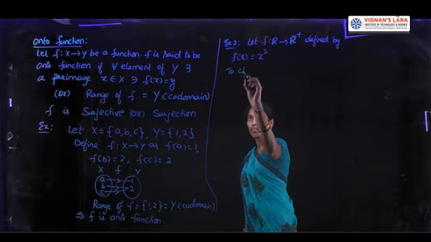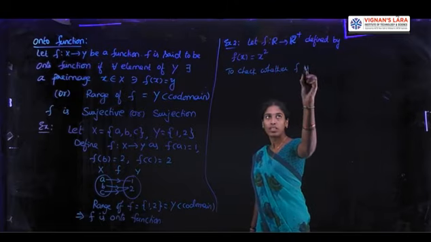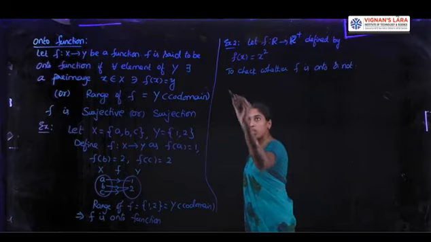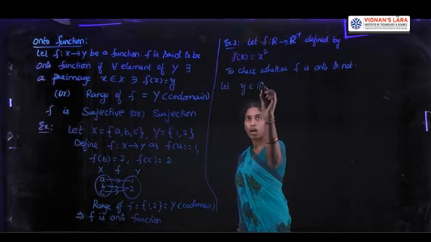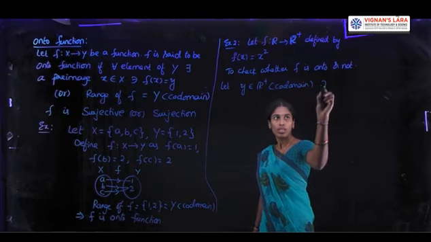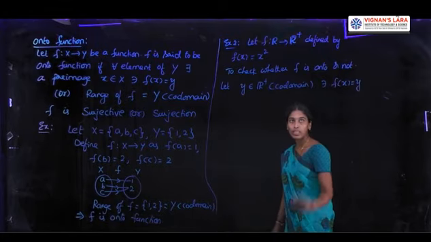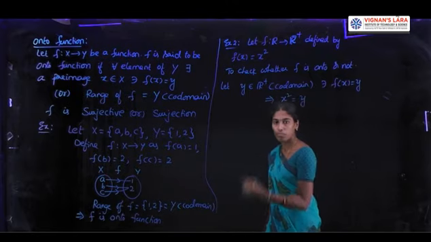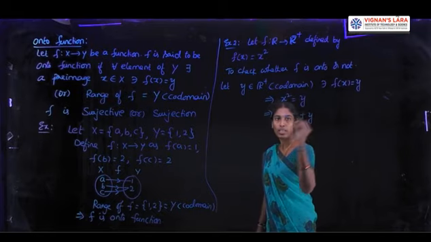To check whether f is onto or not, theoretically, we assume that y belongs to R+, which is the codomain set, such that f(x) = y. So what is f(x) here? x square = y, which implies x = plus or minus root y.